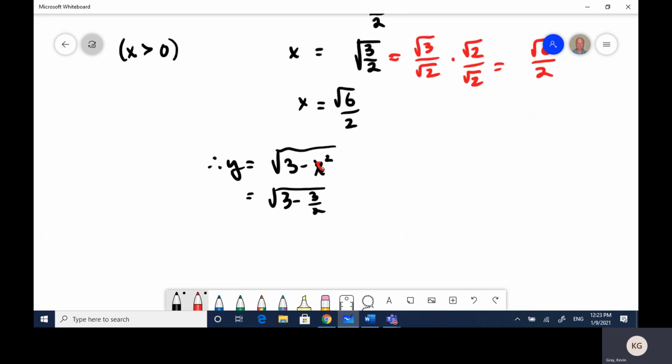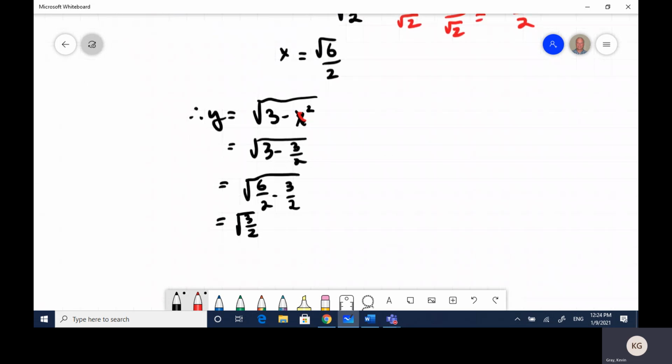Okay, 3 over 2 is in fact just 1.5. So 3 minus 1.5. I get a common denominator, that'd be 6 over 2 minus 3 over 2. Lo and behold, I get the same 3 over 2 for y. Okay, and we dealt with that already.